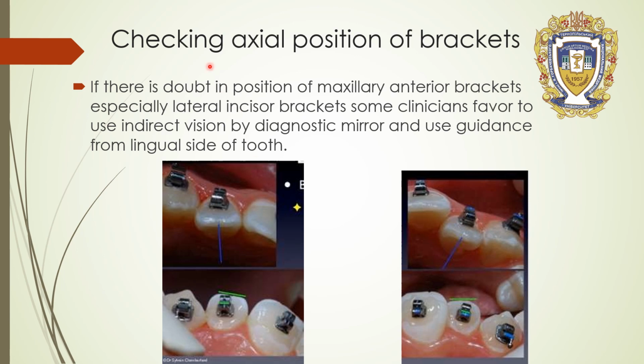If there is doubt in position of maxillary anterior brackets, especially lateral incisor brackets, some clinicians prefer to use indirect vision by diagnostic mirror and use guidance from the lingual side of the tooth.